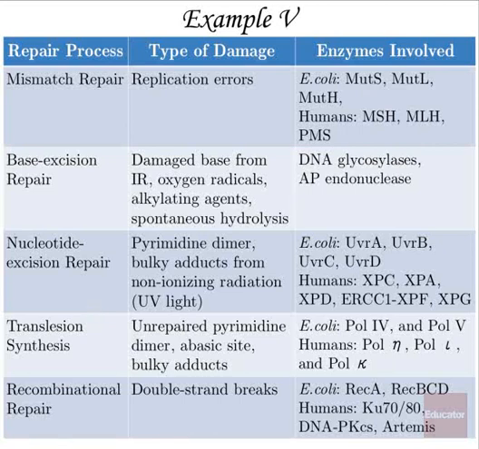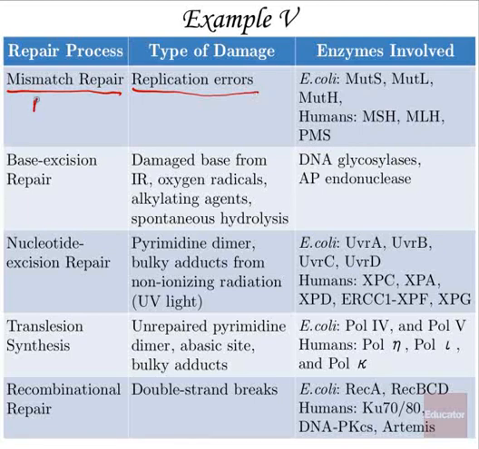So remember, mismatch repair is going to focus on replication errors. Okay, and those are going to be our MutS, MutL, MutH, right? Humans are MSH, MLH, PMS. Okay, these are ones that are listed on the previous slide before. Okay, we have base excision repair.